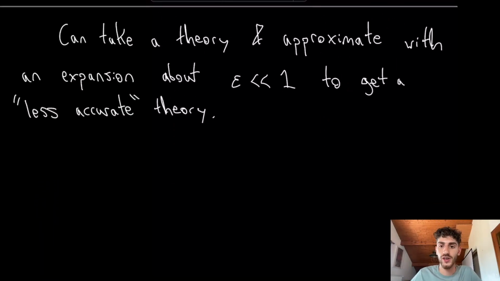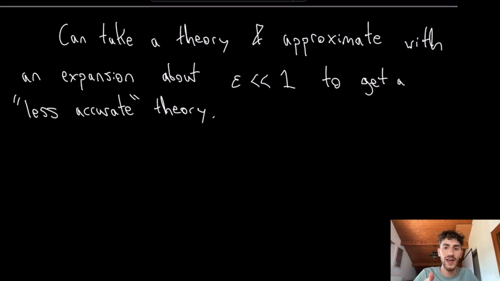Okay, so another use case of a Taylor expansion in physics is, let's say you have a theory. And in the theory, like before, you have some parameter or variable, epsilon, some small parameter. Then you can take that theory and approximate it with an expansion about that small number.